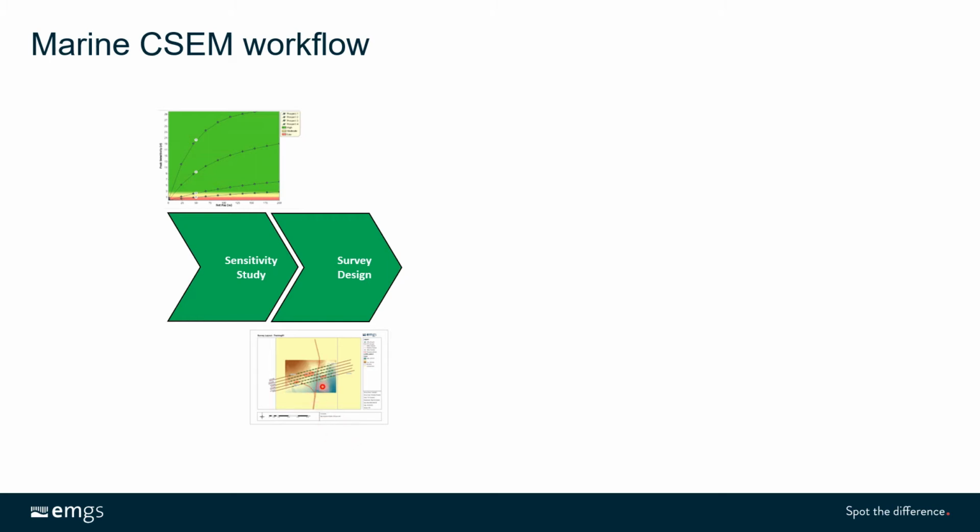So it's better to get all those information prior to the survey and design accordingly. If we have a pipeline in the area, then it's always useful to plan your survey perpendicular to the pipeline so that the response of the pipeline should be minimal in your data.